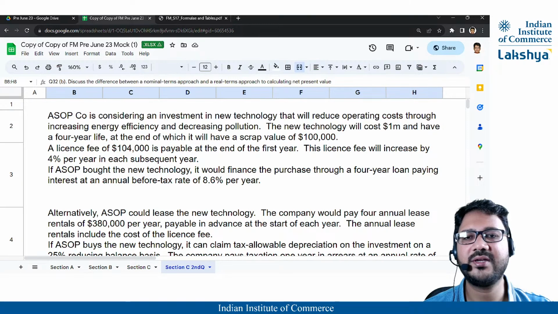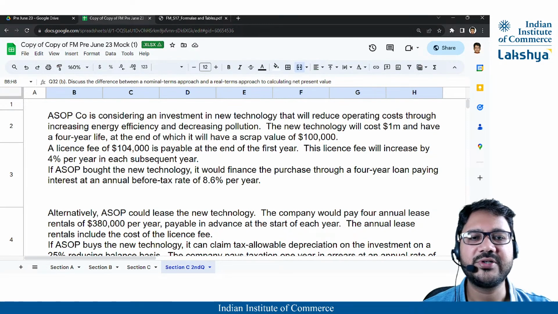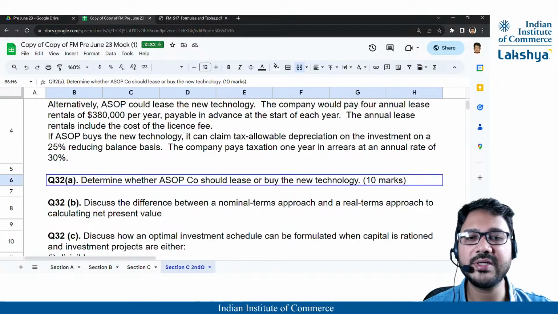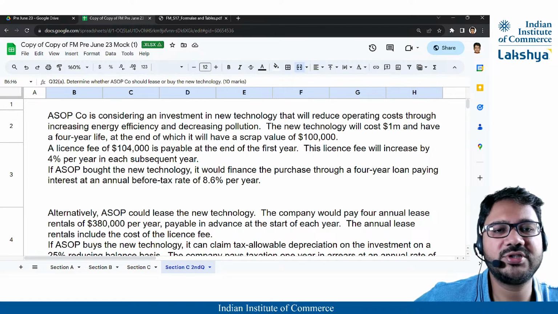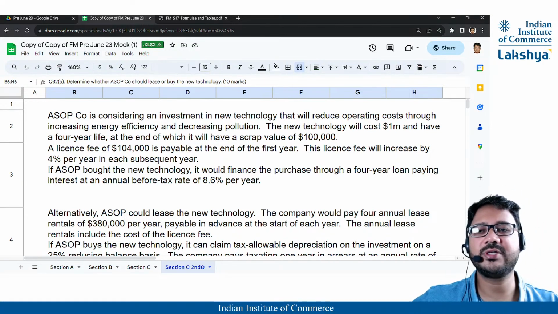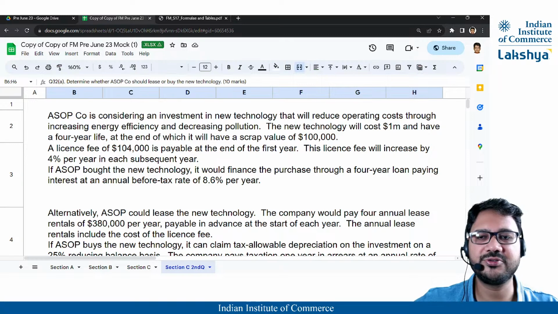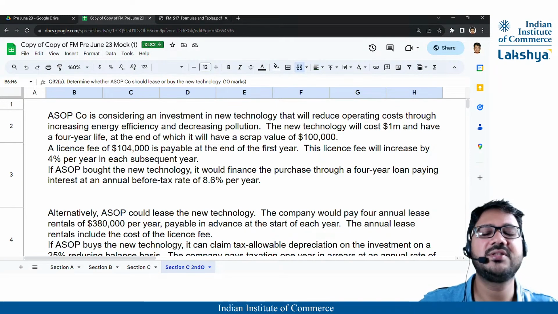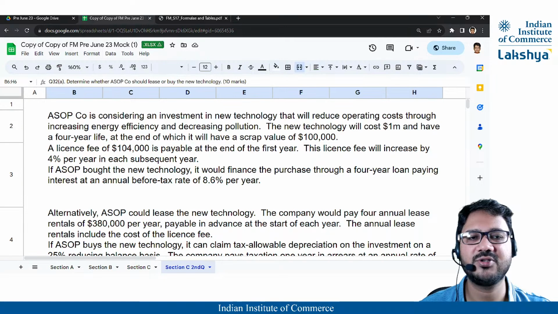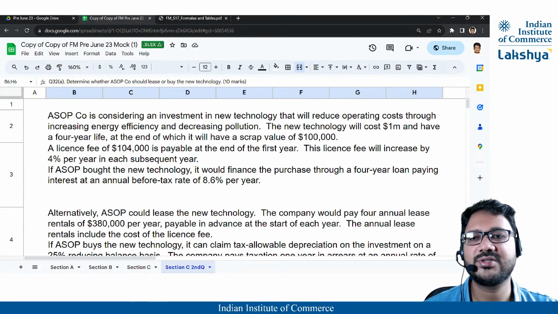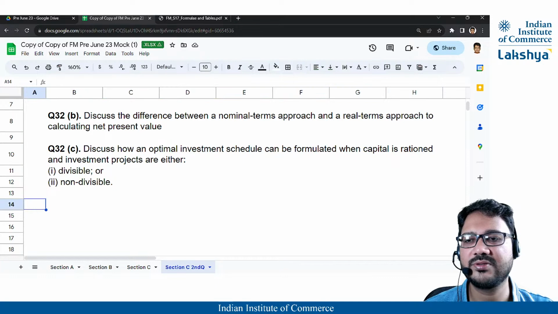ESOP company is considering an investment in new technology that will reduce. So the question is mainly, should we lease or buy? Considering an investment in new technology that will reduce our operating costs through increasing energy efficiency and decreasing pollution. So there is also some environmental benefit in this new technology. The new technology will cost $1 million and have a 4-year life, at the end of which it will have a scrap value of $100,000. So we can just write these things down.